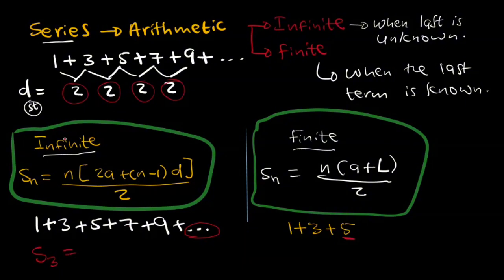Meaning we already know the value of d. Remember, the first term, if it's arithmetic or geometric, is a. In this case, I know the value of a, I know the value of d. What is the value of n? From here, you can tell that the value of n is 3.